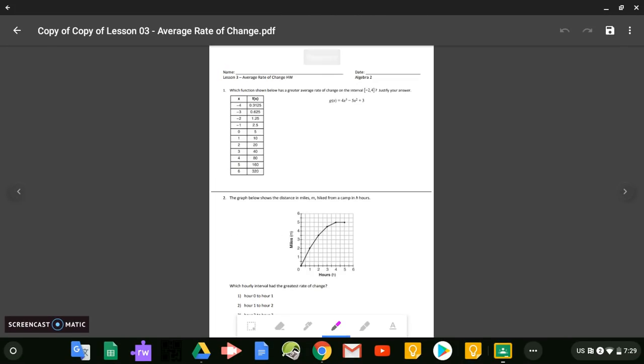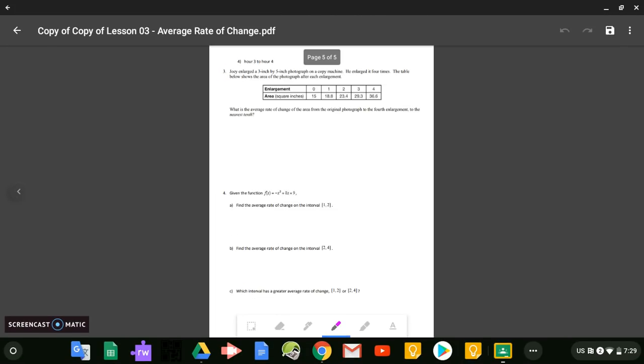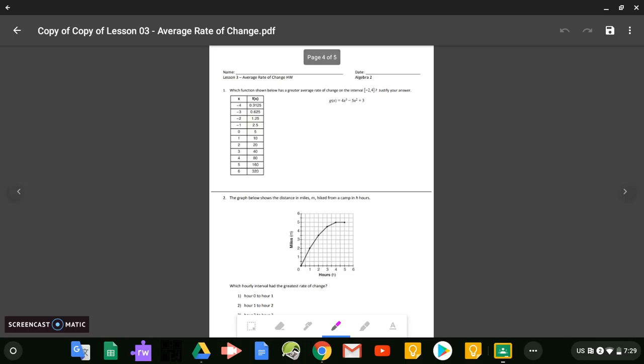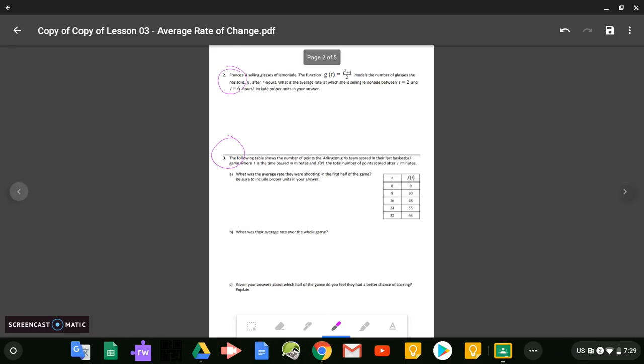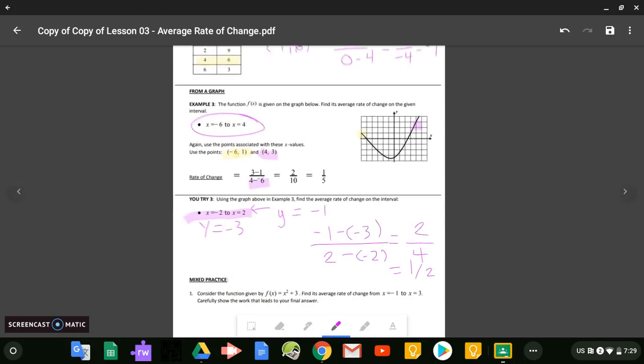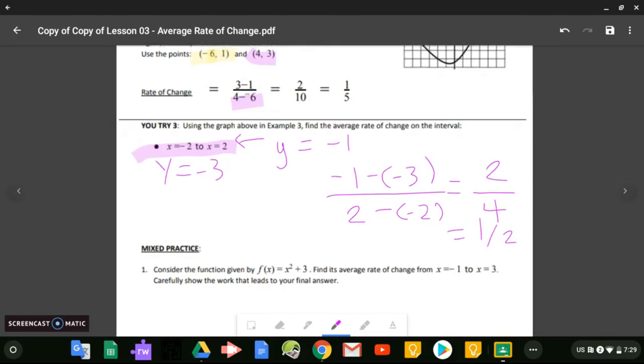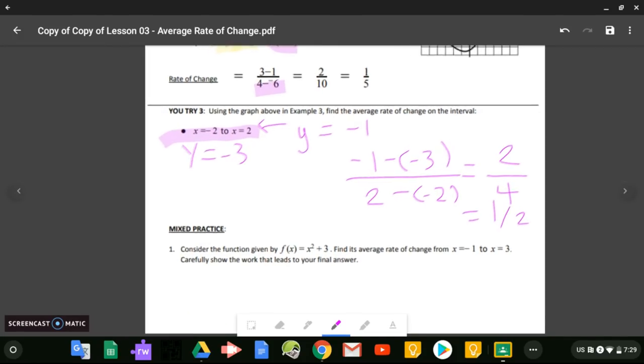Your homework is going to just be more practice with average rate of change, and it has all the different ways to read the types of problems. Please make sure that when I see you tomorrow, you have this homework and the homework from the night before to go over.